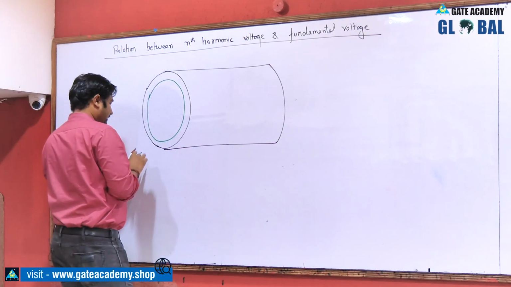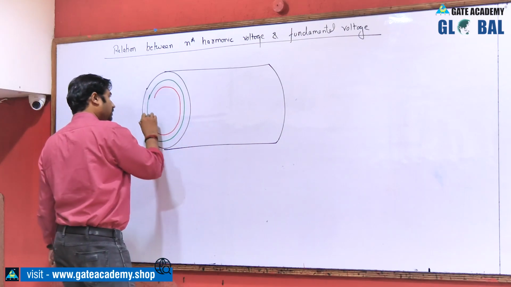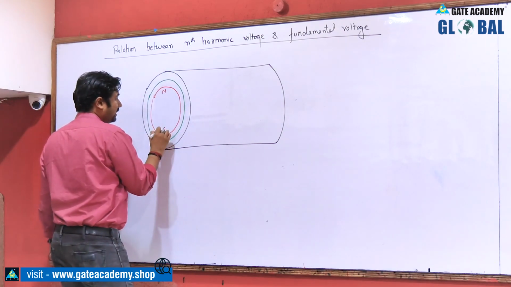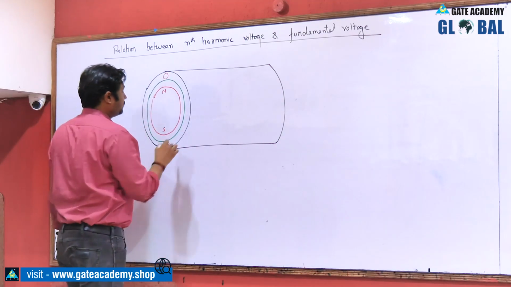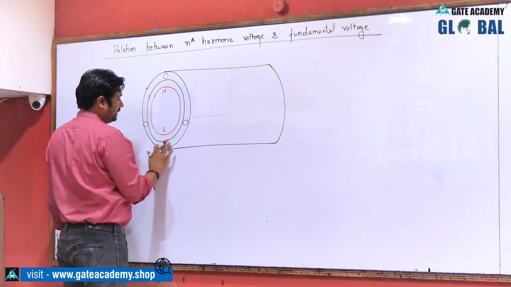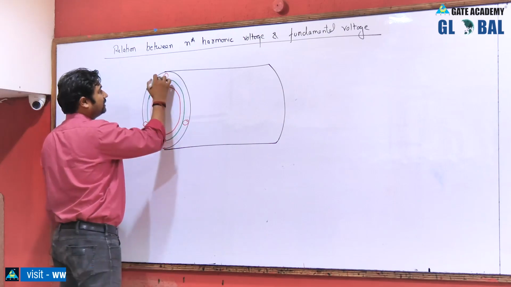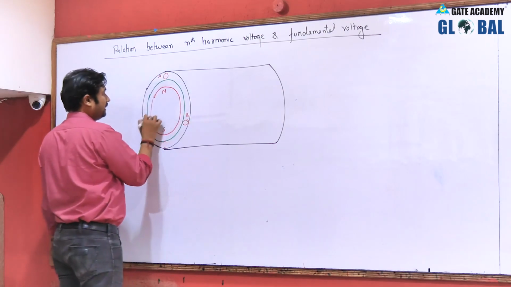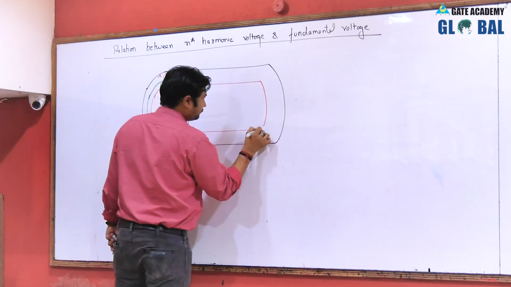Therefore we have north and south. So we have a 3-phase stator A, B, C. I am representing only the forward, or group 1 conductor. So A, B, C, and this is the rotor. Now please see.